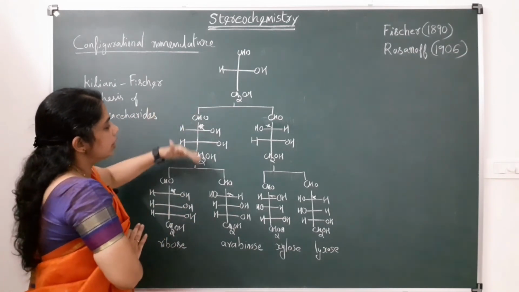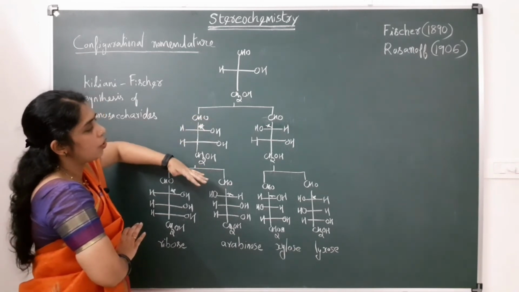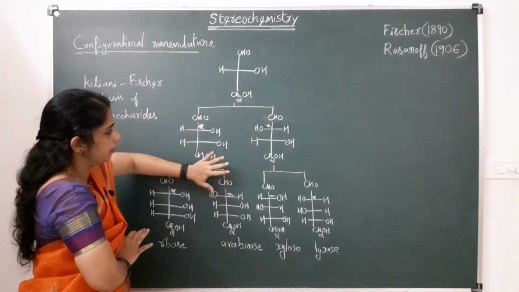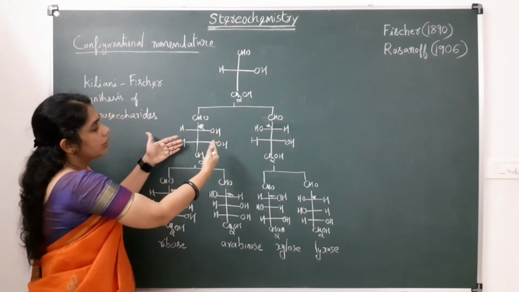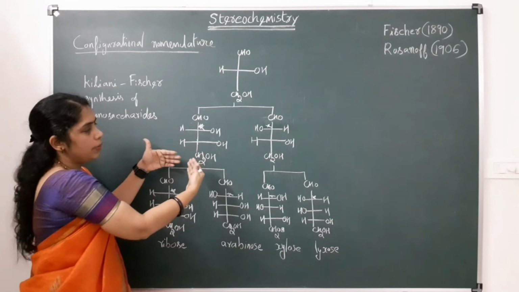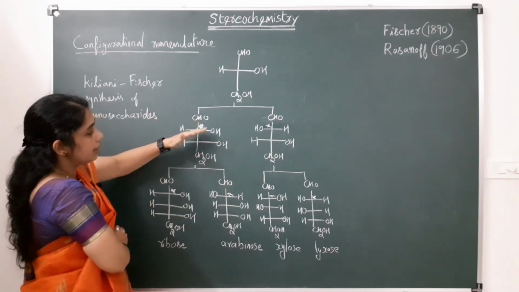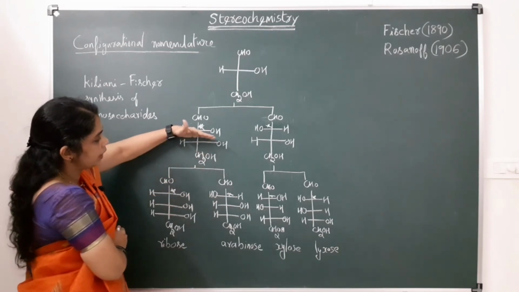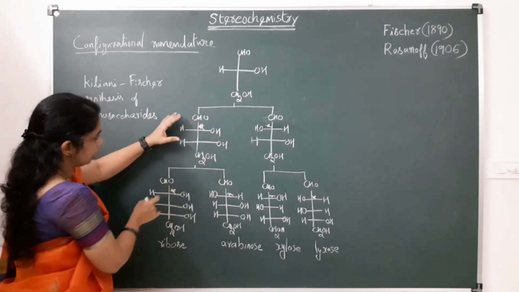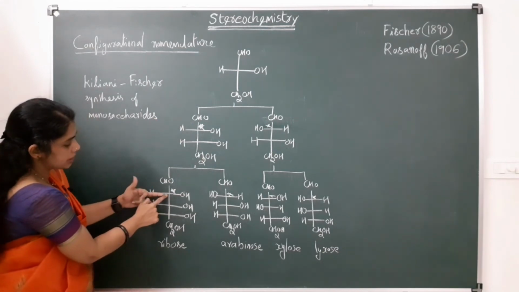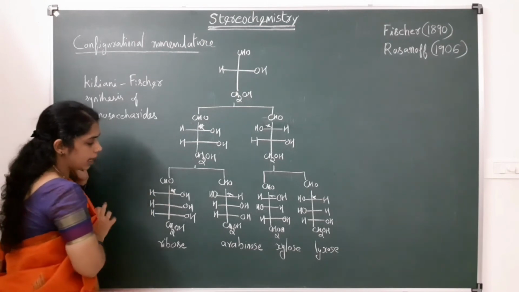So here, the relative configuration is very much useful, because after each step there is a generation of a new asymmetric carbon atom, but all the others remain the same. That is, on the lower side here it is HOH. Here, when there are two hydrogens, the others remain the same, only this asymmetric carbon atom is different.